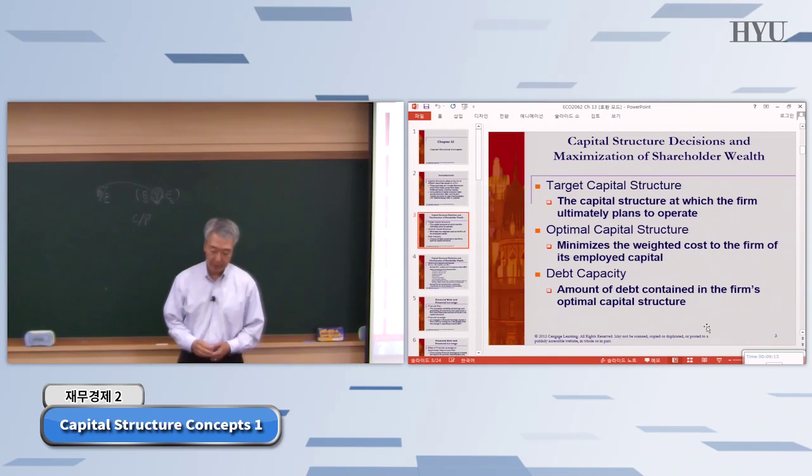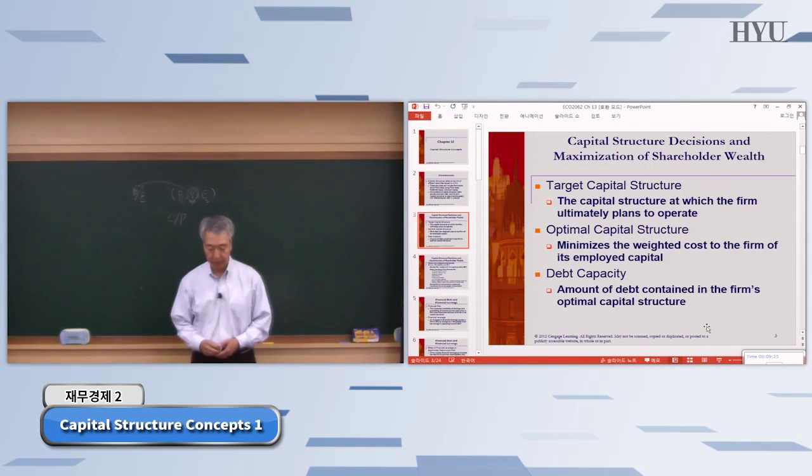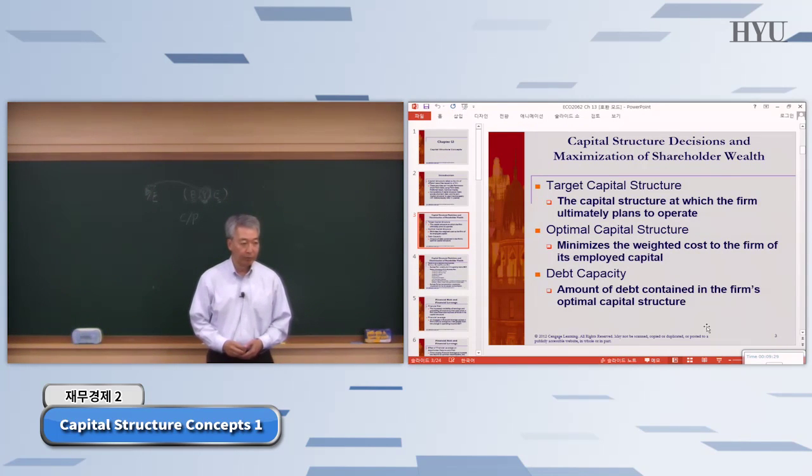All right, then we have target capital structure, optimal capital structure, and debt capacity, these terms. When we were solving problems in the previous chapter, in chapter 12 or so, we were talking about target capital structure.